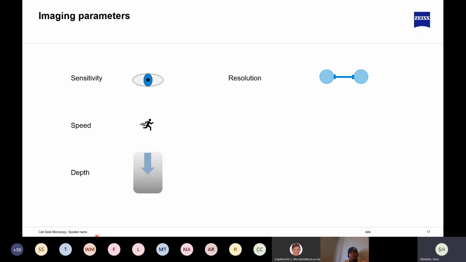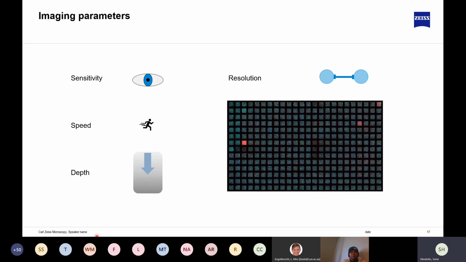The fifth imaging parameter, which I will not go into too much detail, is how many samples you need to work with, and really considering the throughput of your work. Because if you're looking at a single well versus looking at a 384 well plate, it would take a completely different amount of time.